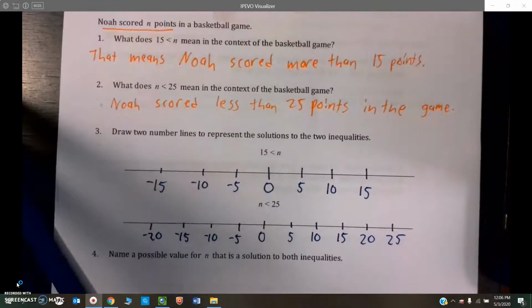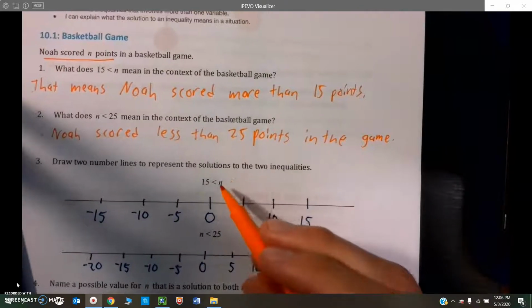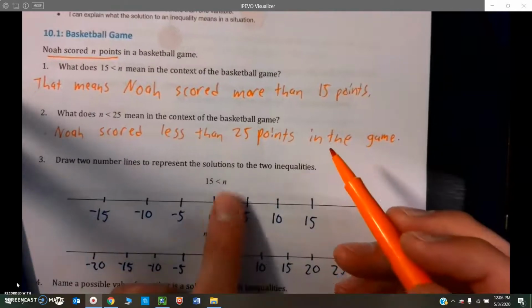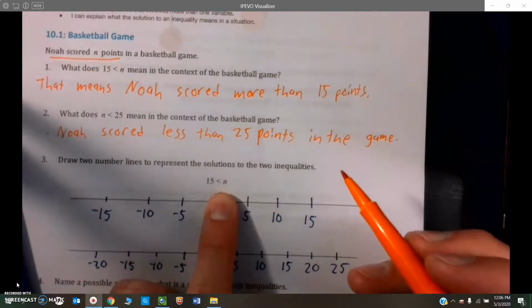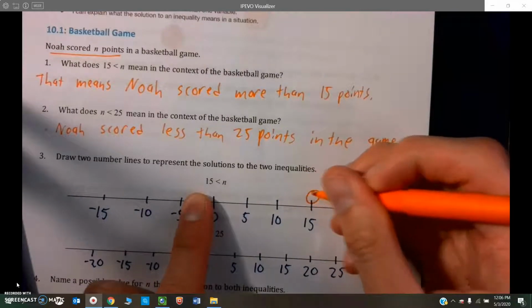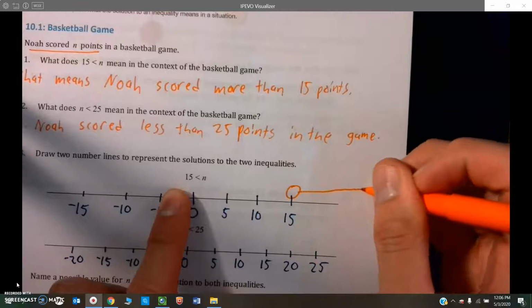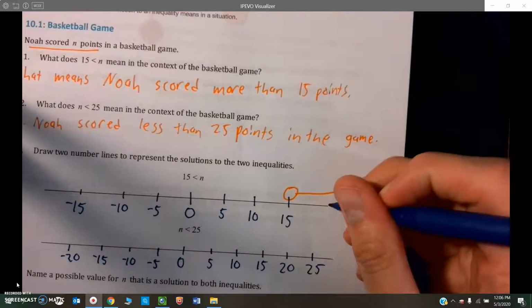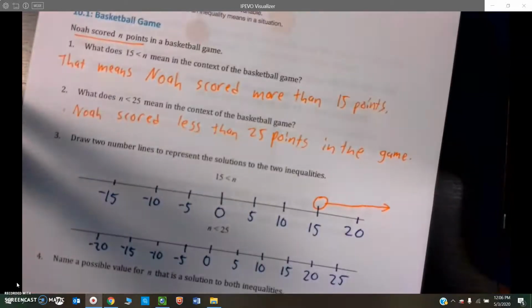So now we need to draw two number lines to represent the solutions to the inequalities, meaning all of the possibilities. So for this one, 15 is less than N, which we could also imagine as N is greater than 15. So that means he scored more than 15 points. If we want here, we can add 20 just to show that it's going up.